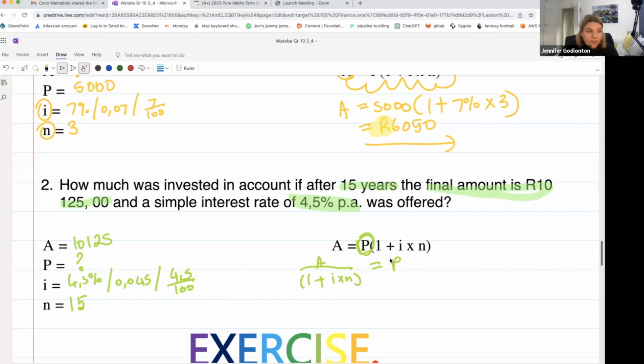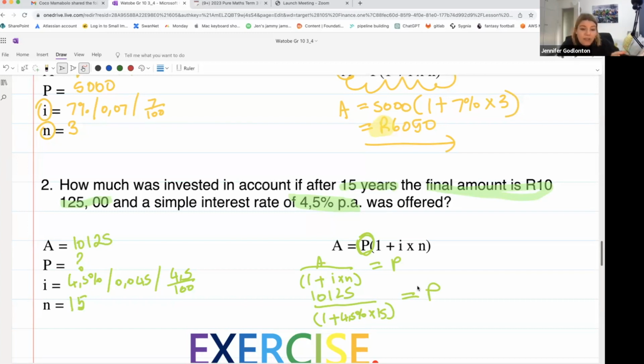Once we've done that, we can just pop in our information. So we don't have to worry about anything. We can say 10125 over 1 plus our I is 4.5%, our N is 15, and that's equal to P. And then you can chuck that straight into your calculator.